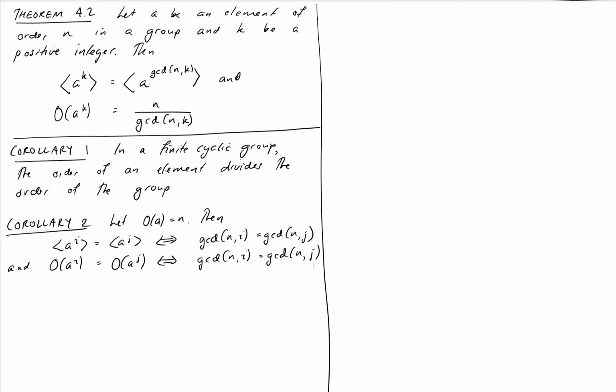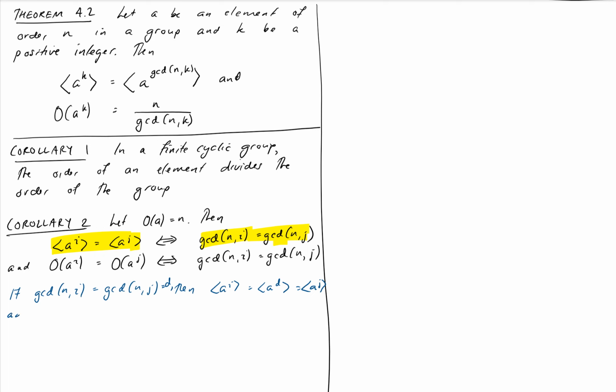Okay, and our second one is a statement saying that two cyclic subgroups are equal if and only if they have the same GCD with n. And you can make a corresponding statement about the orders of these things. Alright, so let's just quickly sketch out how that one works. It pretty much is what we just did with our example before. So let's just say if GCD of n, i equals GCD of n, j, equal to d, then the cyclic subgroup generated by a to the i is equal to the one generated by a to the d by the theorem, which is equal to the one generated by a to the j by our theorem.